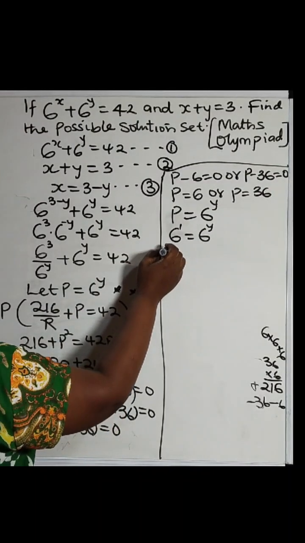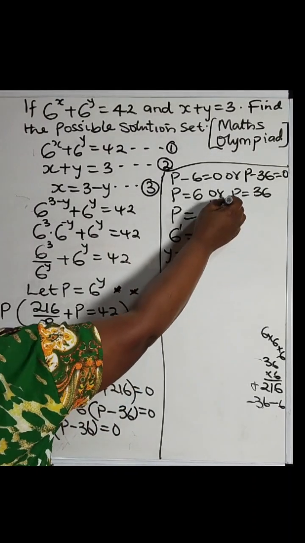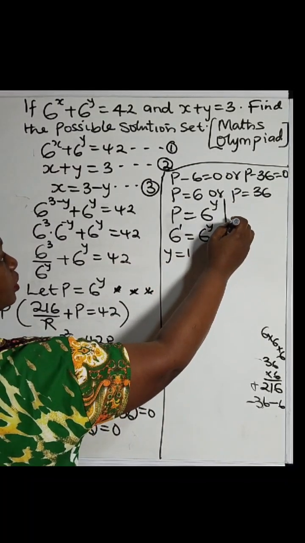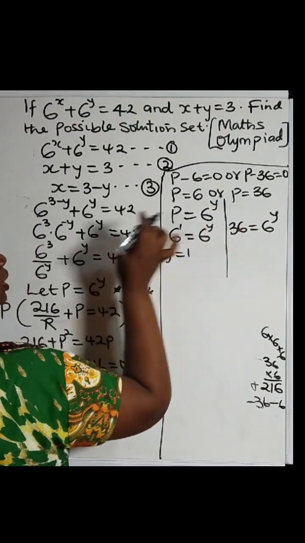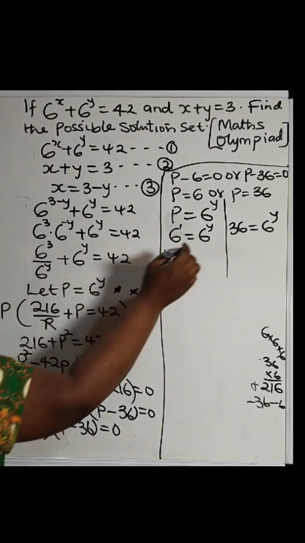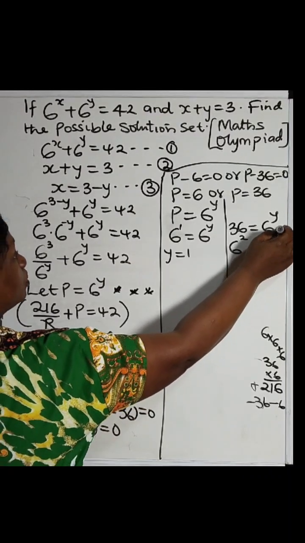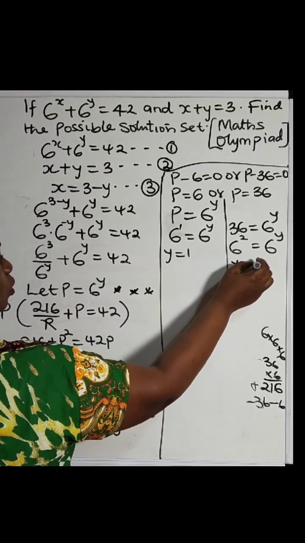That is to say that our y is equal to 1. Now, for this one, we have our p as 36. We have 36 is equal to 6 raised to power y. Leave this in base 6. We now have 6 raised to power 2 is equal to 6 raised to power y. Equate the powers. We have that y is equal to 2.